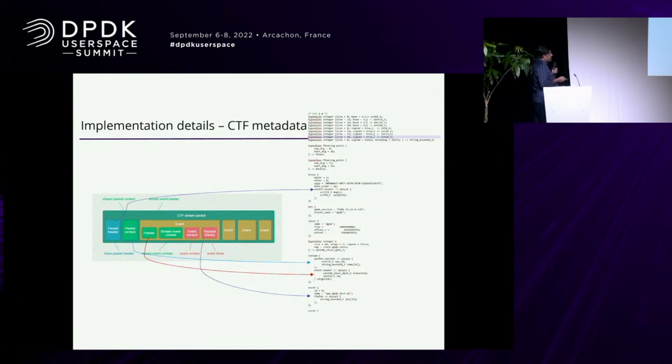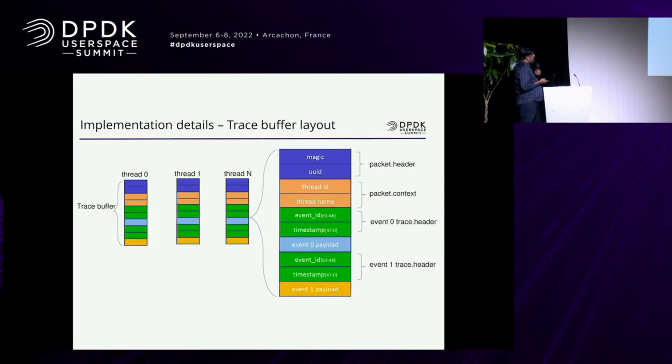So once we give these patterns, the viewers can start understanding what the layout looks like, and start parsing the buffers and displaying them in the form it wants, right?